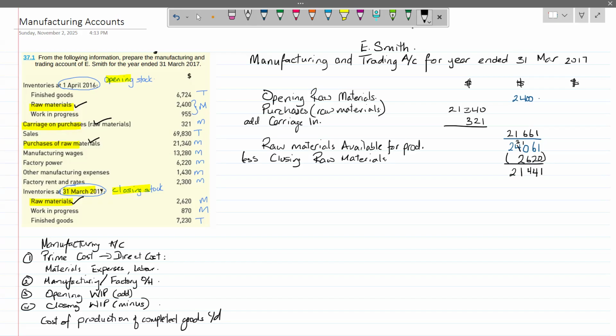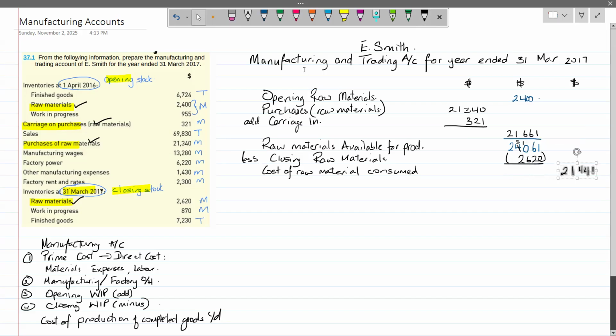This here is my cost of raw materials consumed, because we took what we had available and subtracted what remained. This is an important figure, and as this is a total figure, I could put it here.